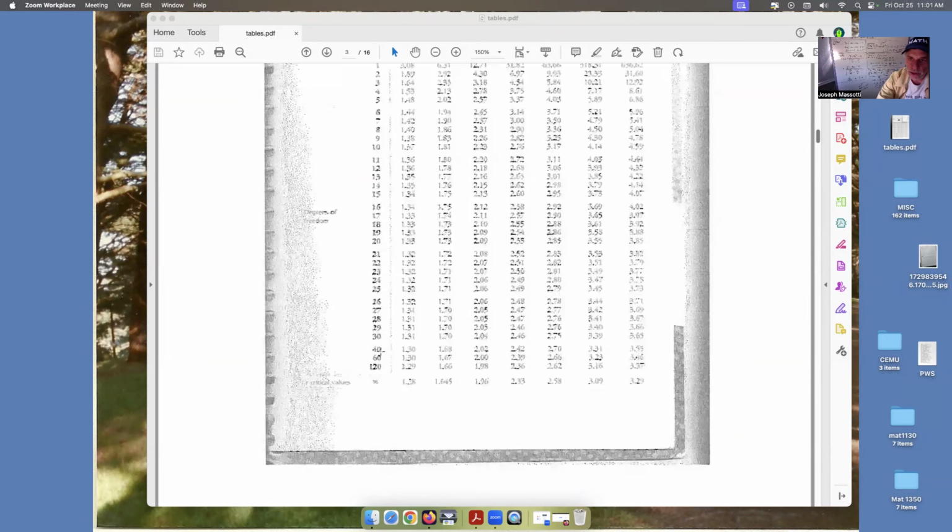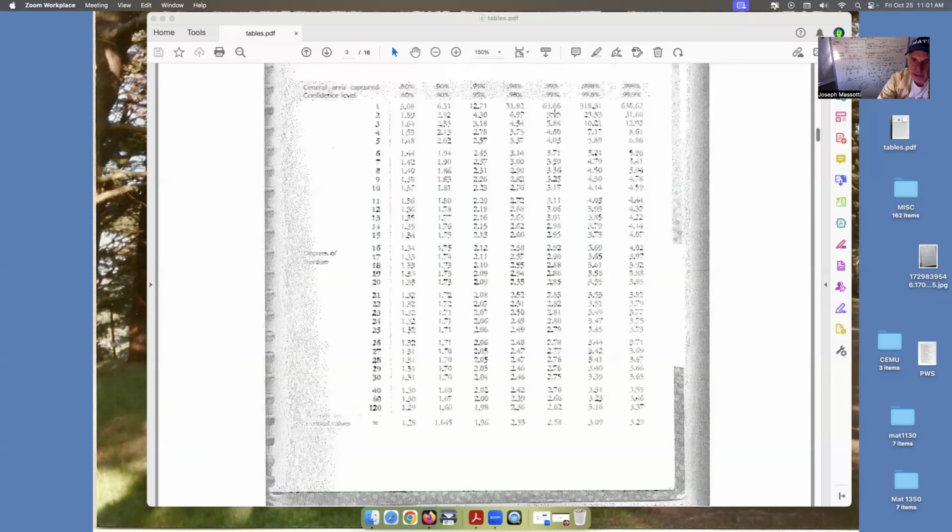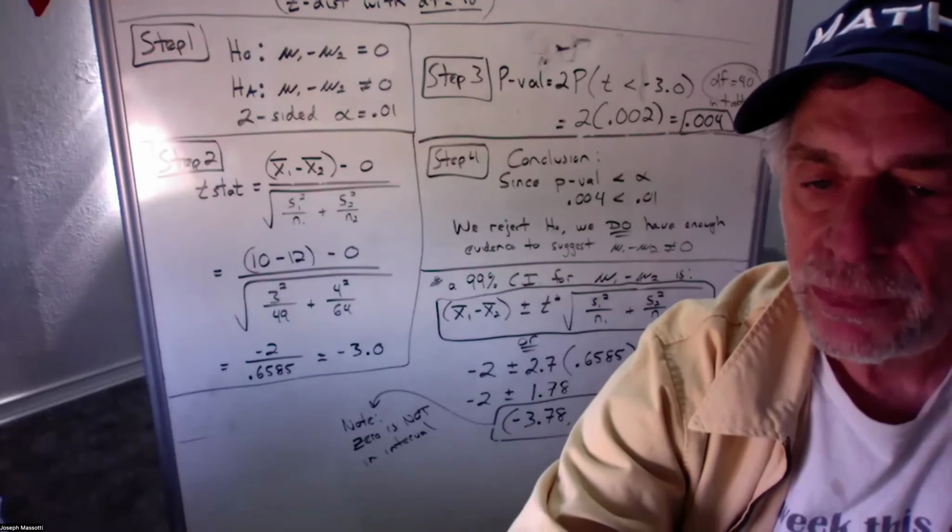So 40 degrees of freedom, 99% confidence gives us a T critical value of 2.7. For 99% confidence, that column, 40 degrees of freedom, that row meets up here at 2.7. So that's our T critical value.